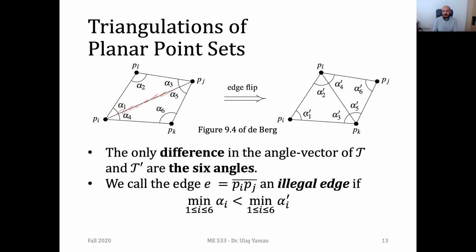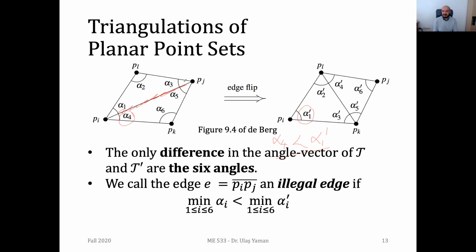In this one, we have, as you see, larger angles, and the minimum angle, assume that this is alpha 1 prime. If you look at the initial case, we have the smallest angle, alpha 4, and obviously alpha 4 is smaller than alpha 1 prime. You can say that this is an illegal edge since it's not satisfying the proper triangulation.